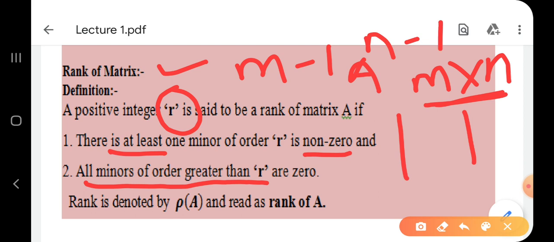So minor means reducing the order of a matrix. So here instead of m by n, I can take m minus 1 by n minus 1. By deleting the first row and first column, I get another matrix and take its determinant. So minor means determinant actually.